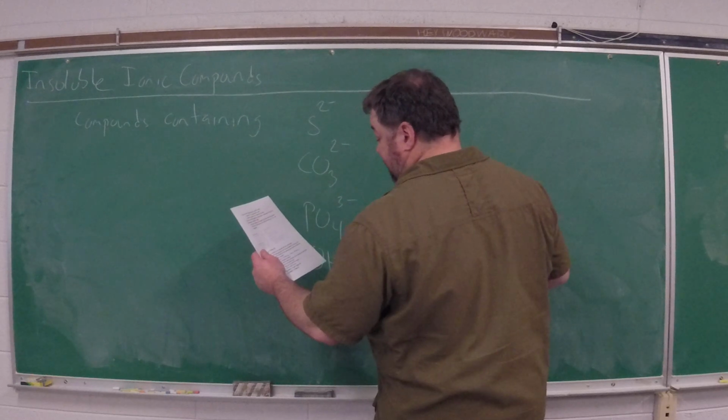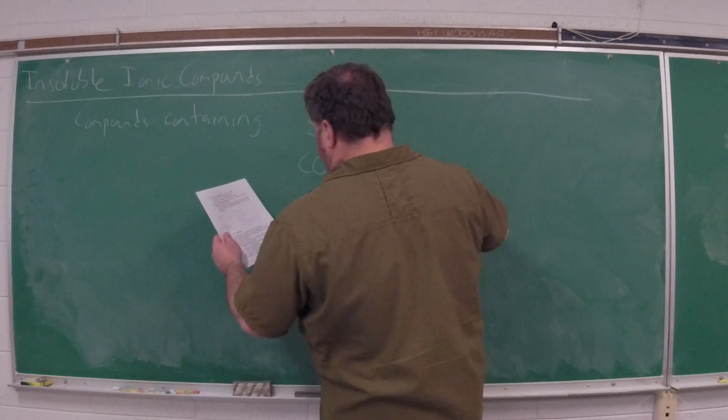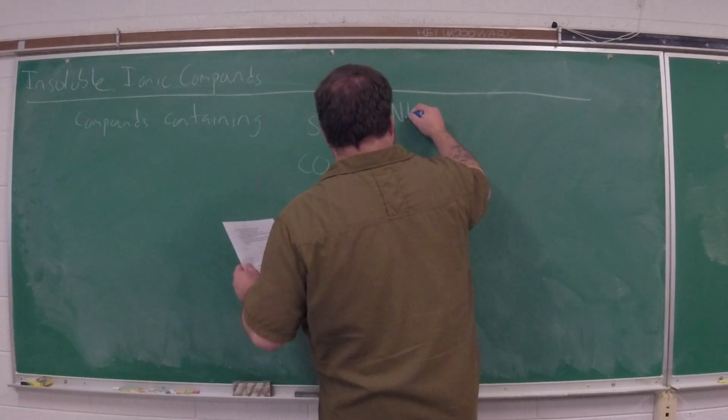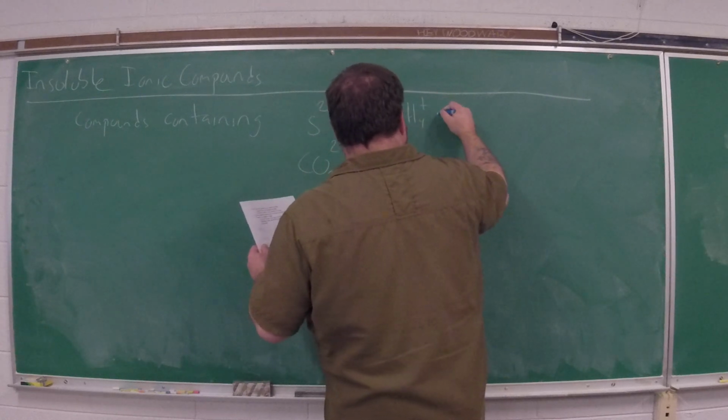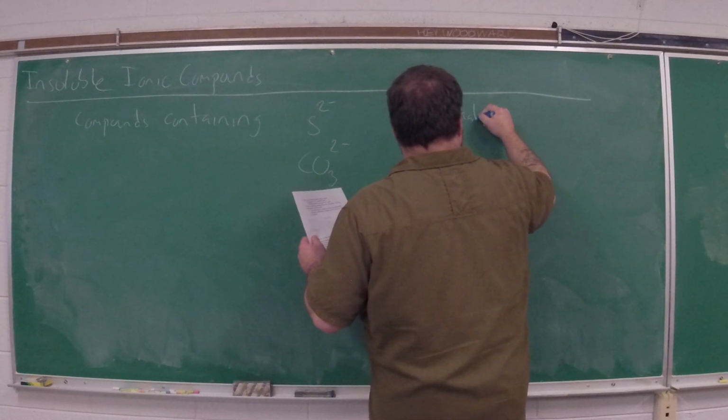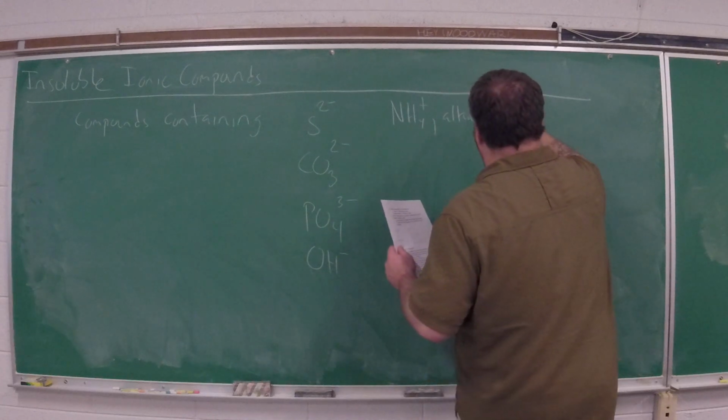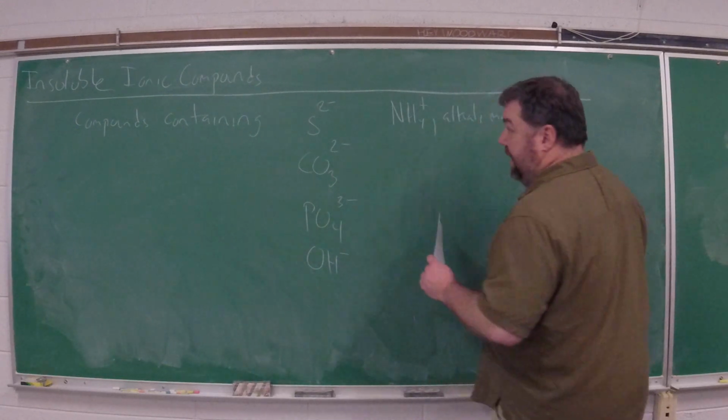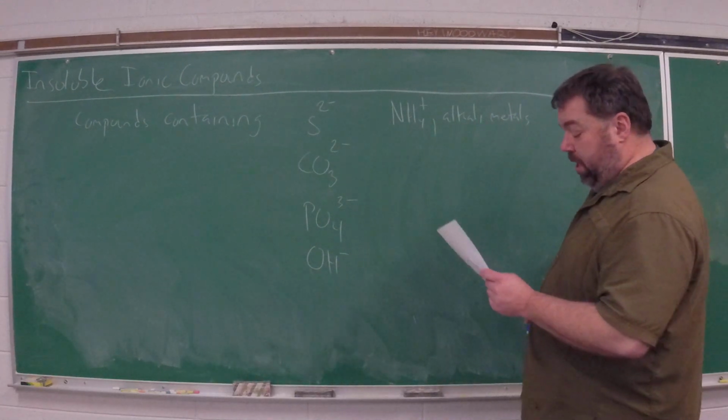And a lot of these are the same. We're going to have exceptions, NH4 plus the alkali metals. That's column 1, right, in the periodic table.